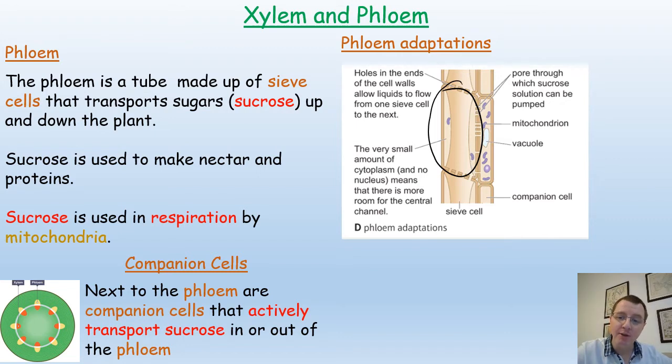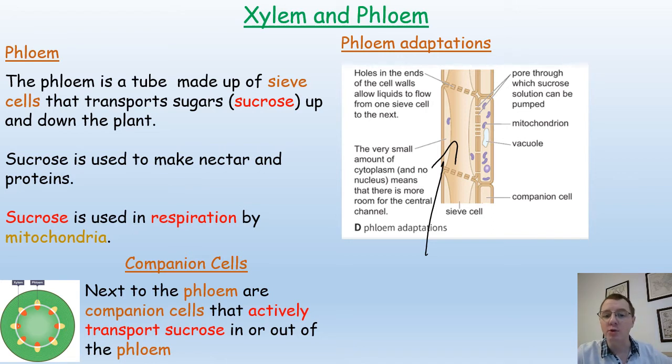If you look carefully at the sieve cells here, sieve cells have a couple of interesting adaptations. Firstly, they have holes in the ends of the cells to allow the liquids to flow from one sieve cell to the next, and they only have a very small amount of cytoplasm and no nucleus. This means that there's more room for the central channel, but it does mean there's less organelles, so they won't be able to have mitochondria, for example.